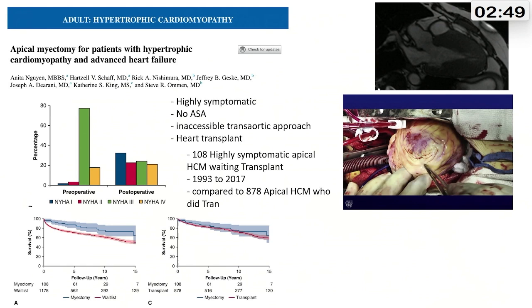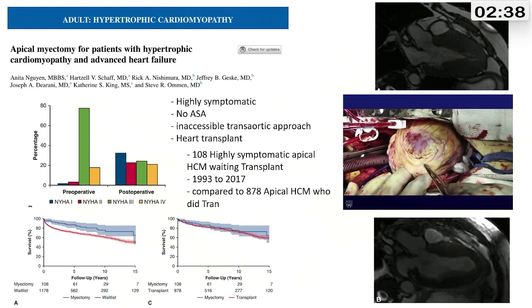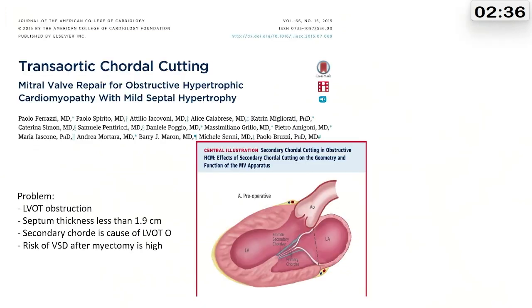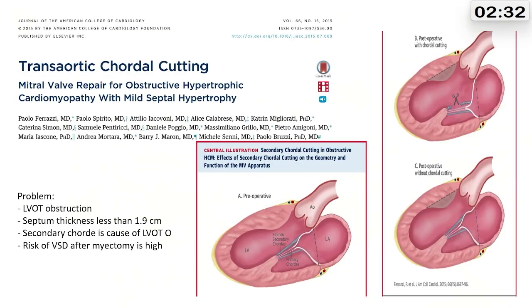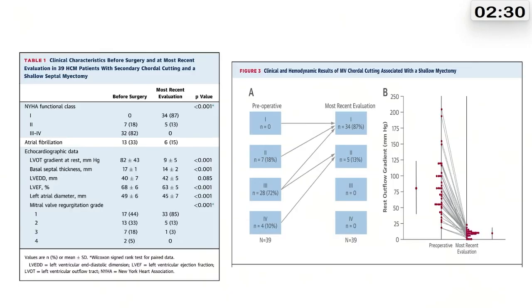They found no difference in mortality between the two groups. So, in conclusion, we can use apical myectomy for these types of patients, and we can end with this very nice LV. For the sake of time, I will skip some of the surgical techniques.